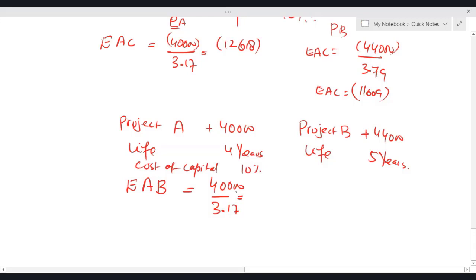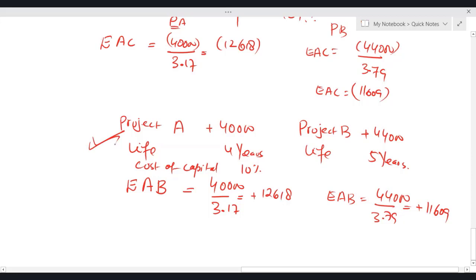So 40,000 divided by 3.17, I'm getting a positive 12,618. And the equivalent annual benefit of 44,000 divided by 3.79 will be 11,609.